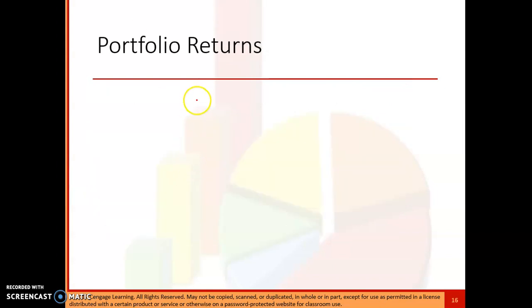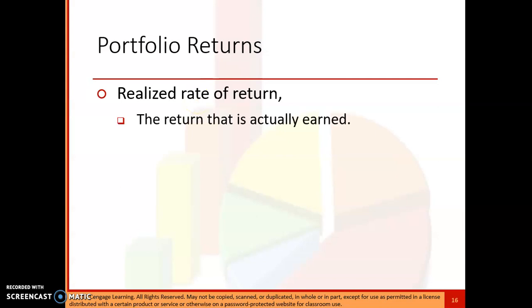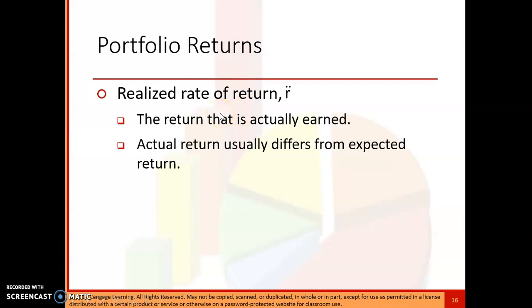So portfolio returns, the realized rate of return is the rate of return that's actually earned. The actual return, when we're talking about the standard deviation we calculate when we're trying to estimate returns, we use the R with the little two dots over it.